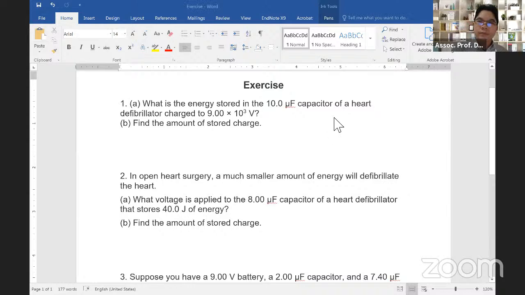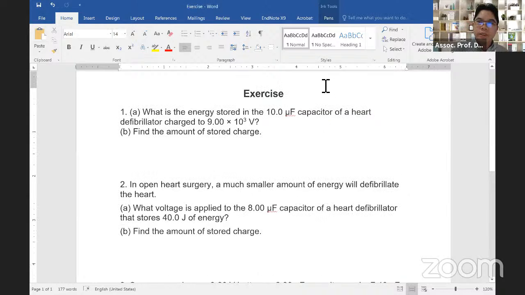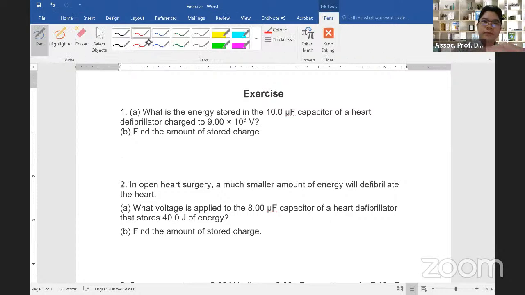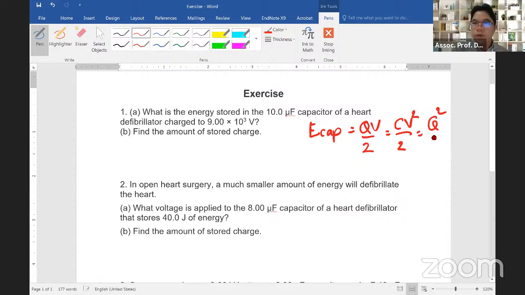So the energy of a capacitor equals QV divided by 2, CV squared divided by 2, and then Q squared divided by 2C.